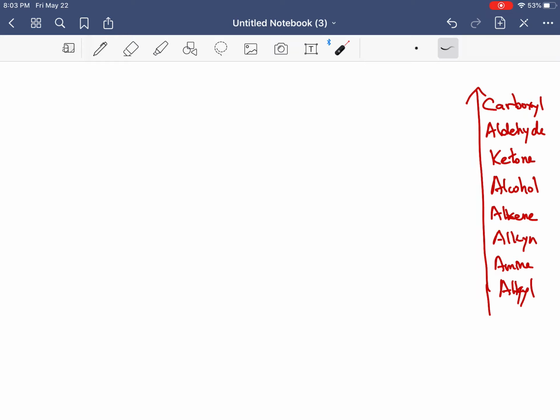So yesterday, if you looked at all the benzene we looked at yesterday, it seems like benzene is right here, right on top of amine, because we saw an amino benzene yesterday. An amino benzene, trust me, is not very important. So benzene is here. So today we're going to look at benzene probably from here.